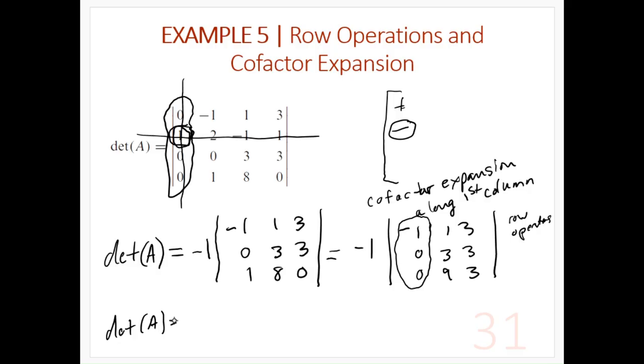We've got a lot going on here. So we now are going to eliminate this first row and this first column. And so now we have negative 1 times negative 1 times the new submatrix of 3, 3, 9, 3.